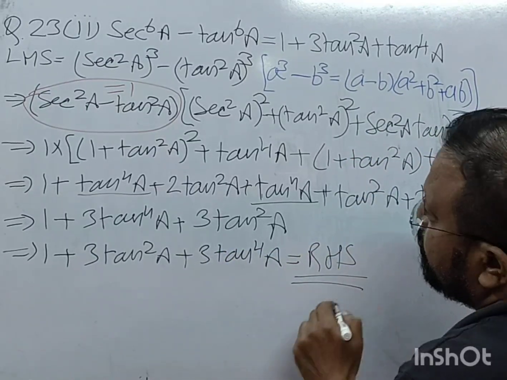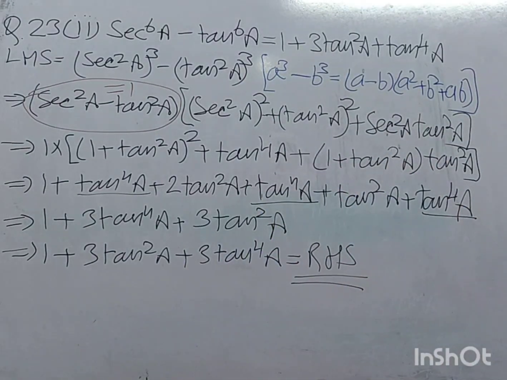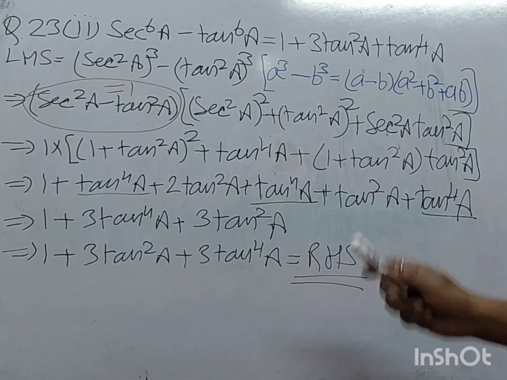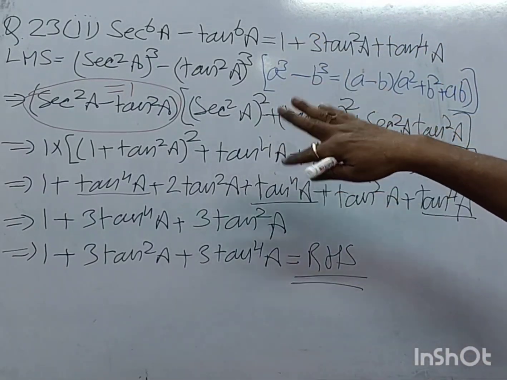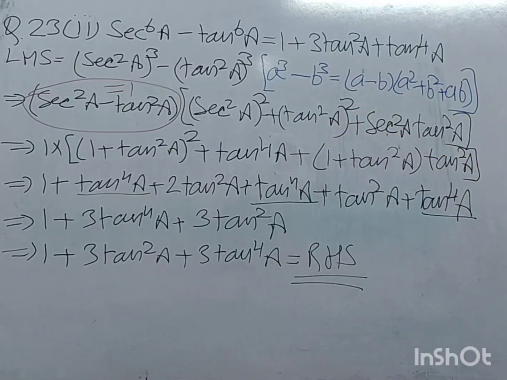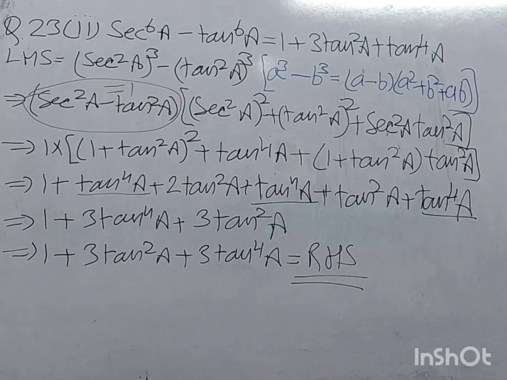What I was doing earlier in the previous section, we have to apply here, with the algebraic expansion a minus b whole square. So this is the solution of question number 23, second part.